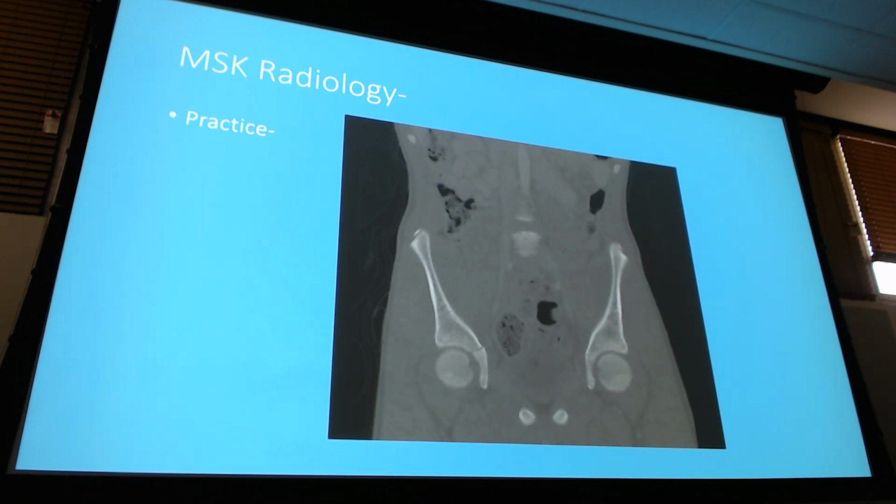Right here. There's a right acetabulum fracture. What's the little divot here in the femoral head? That's the fovea. That's normal. That should be there. This should not.